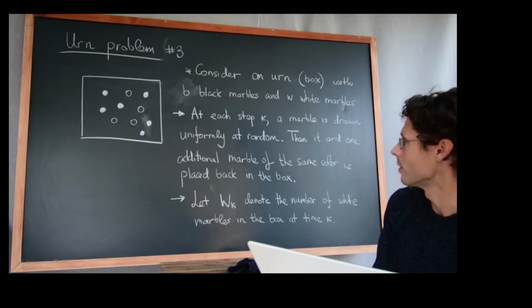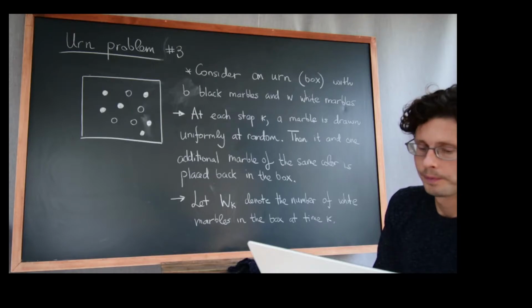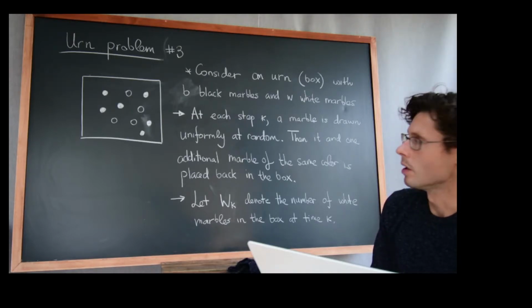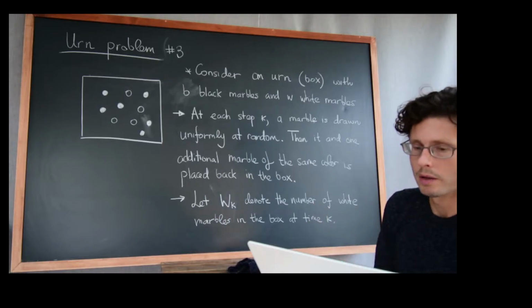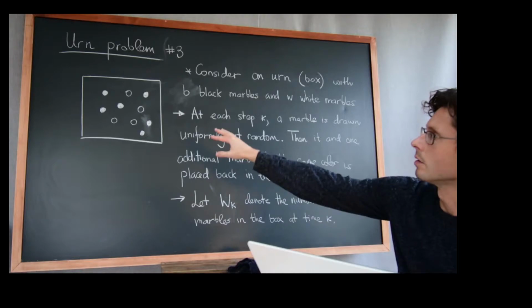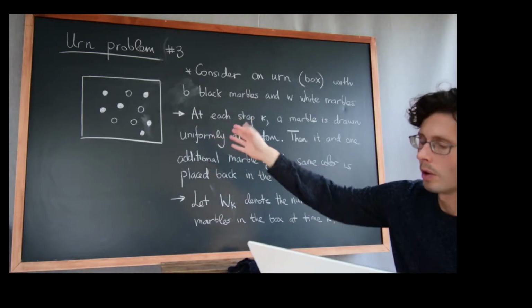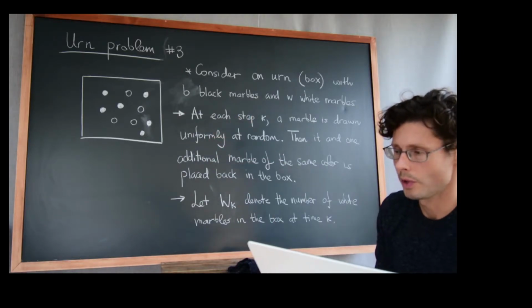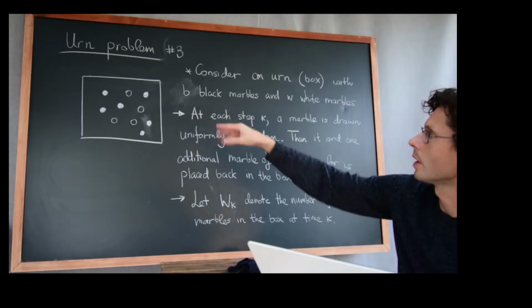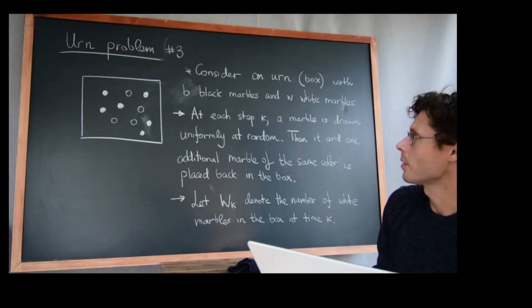This has in fact been proposed within the discipline of economics to model market share and market domination between two competitive firms. A common example that's given is to think of the number of white marbles, say, as the number of Android phones in the United States, and the black ones being, say, the number of iPhones.